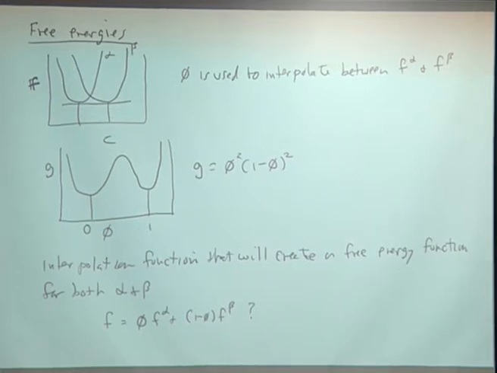And so rather than that, we're going to use a function that looks rather odd, but it's one of the standard choices. So p is a function of phi, looks like this. I'll write it again. P is a function of phi. It's going to be equal to phi cubed.